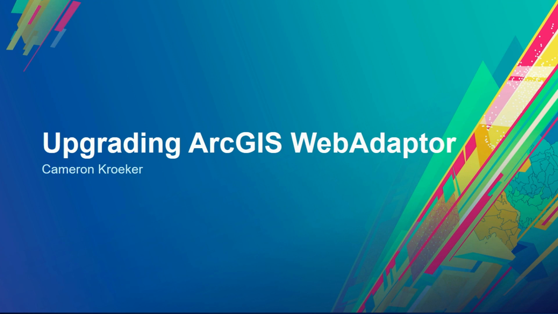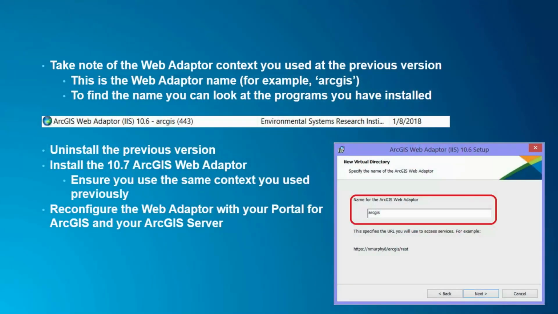Okay, so now I'll discuss the upgrade process, or experience, of the ArcGIS Web Adapter. The first thing you want to do, if you're on Windows, is launch your apps and features, your programs list, to take note of the web adapter context, also known as the name of the web adapter, for example, ArcGIS.